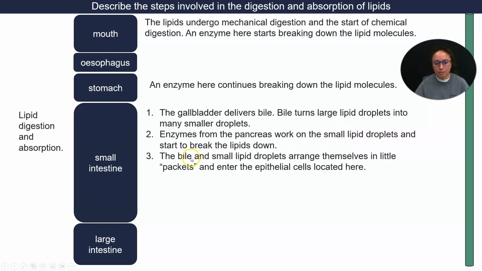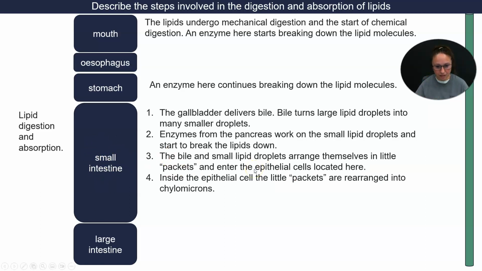Then the bile and the small lipid droplets arrange themselves in little packets. And that's how they enter the epithelial cells in the small intestine. Now, inside the epithelial cell, these little packets are rearranged into things called chylomicrons.